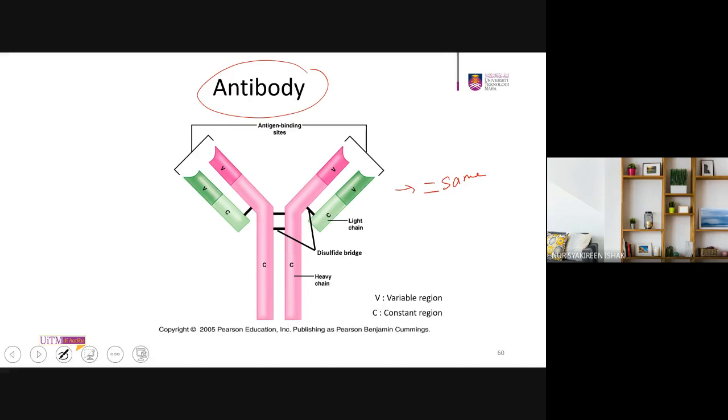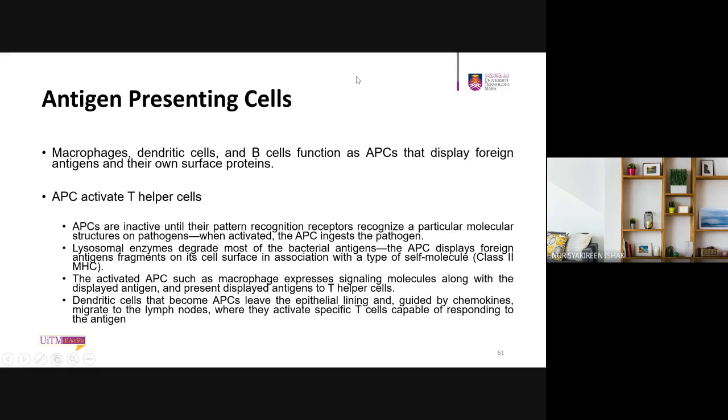Kecuali antibody ni dia tak ada transmembrane region, sebab transmembrane region adalah region yang embedded in the plasma membrane of the B cell. So itu je perbezaan dia. So antibody has the same shape as the receptor on the B cell that secretes the antibody, kecuali tak ada transmembrane region sahaja. Okay. So now kita stop dulu.